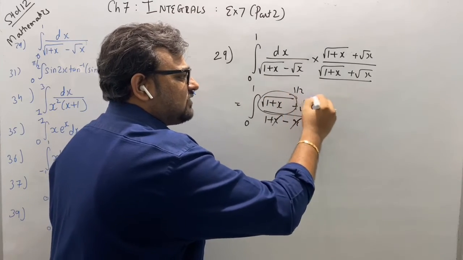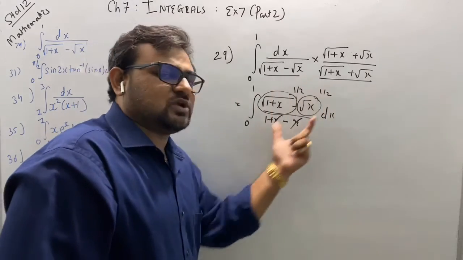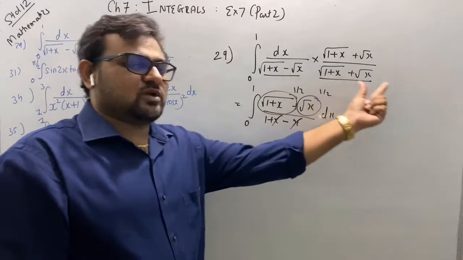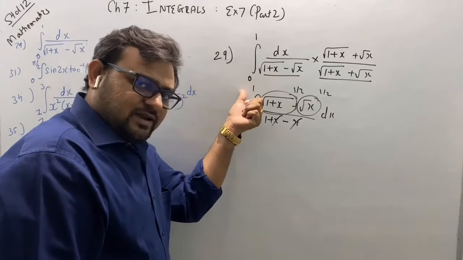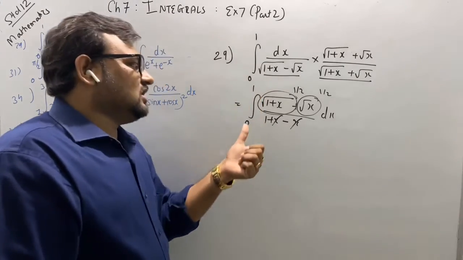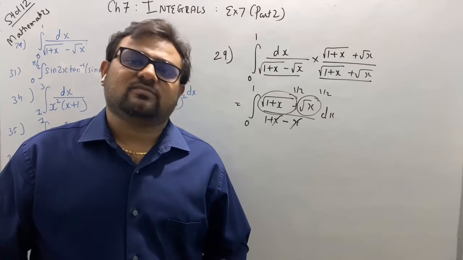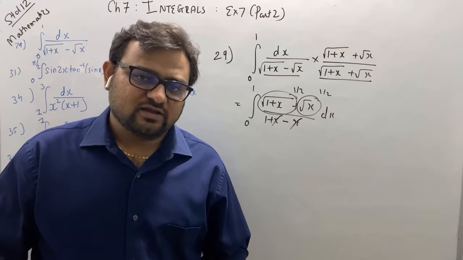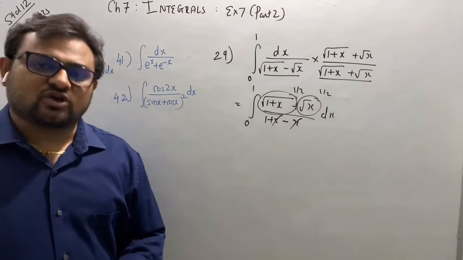This power 1 by 2, this power 1 by 2, so 1 plus x to the power 1 by 2 plus 1 upon 1 by 2 plus 1, and then put the higher limit minus lower limit and solve this sum completely. Clear? In this way you have to solve question number 29, multiply and divide by conjugate.